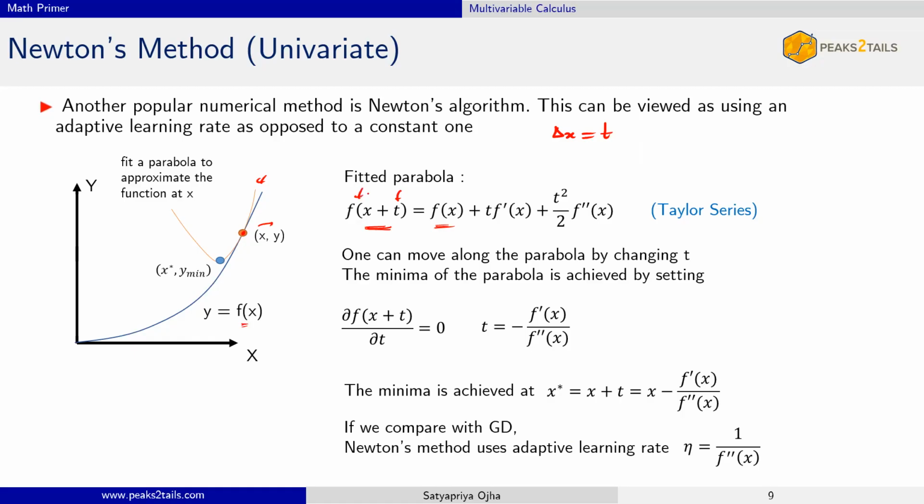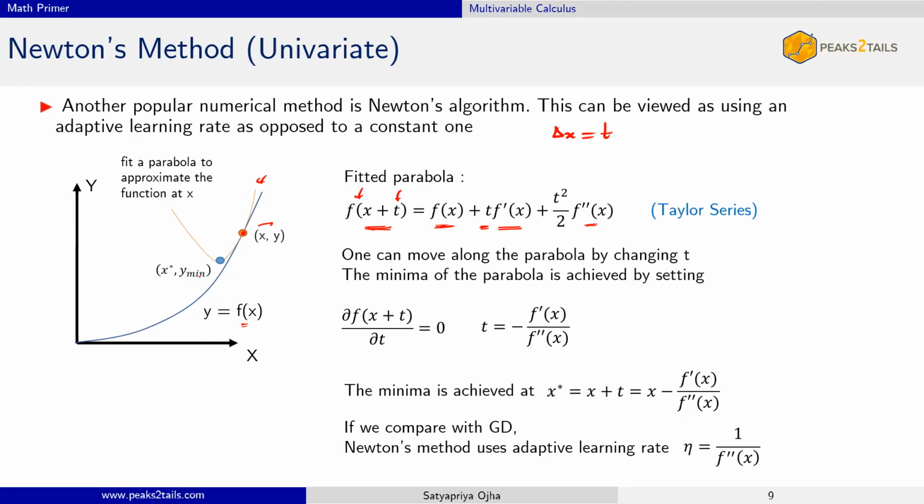If you know the true function, then you need to put x plus t to get the actual value. But I'm approximating the value of the function using Taylor series. Old value plus delta x times first order derivative plus half delta x square times double derivative. This is Taylor series expansion till second order. Okay. t is delta x.